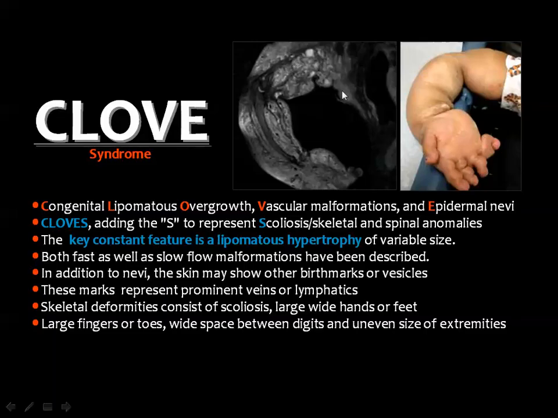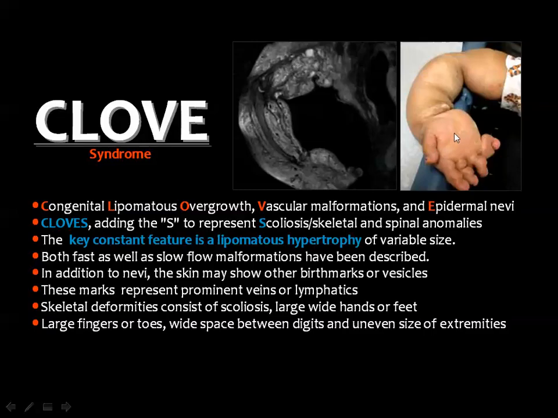Then you can see that the limb is huge compared, of course, to the opposite one. And you may see some vascular malformations, but not as much as Klippel-Trenaunay or lymphangiomatosis. Then in addition to nevi, skin may show some other marks or vesicles.